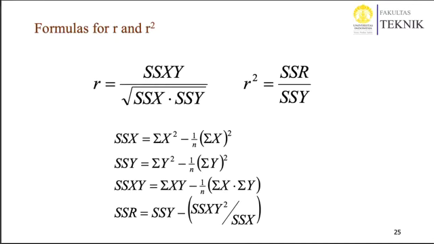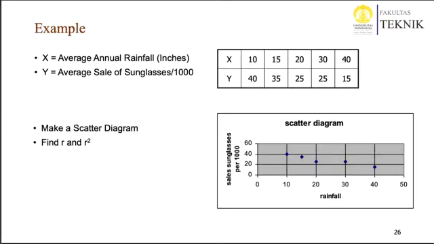Here are the formulas for R values and R square values. So if we go back to the previous example here, we still did not finish the example yet, so we still have the data. Then we can find the coefficient of correlation and the coefficient of determination, which are R and R squared.